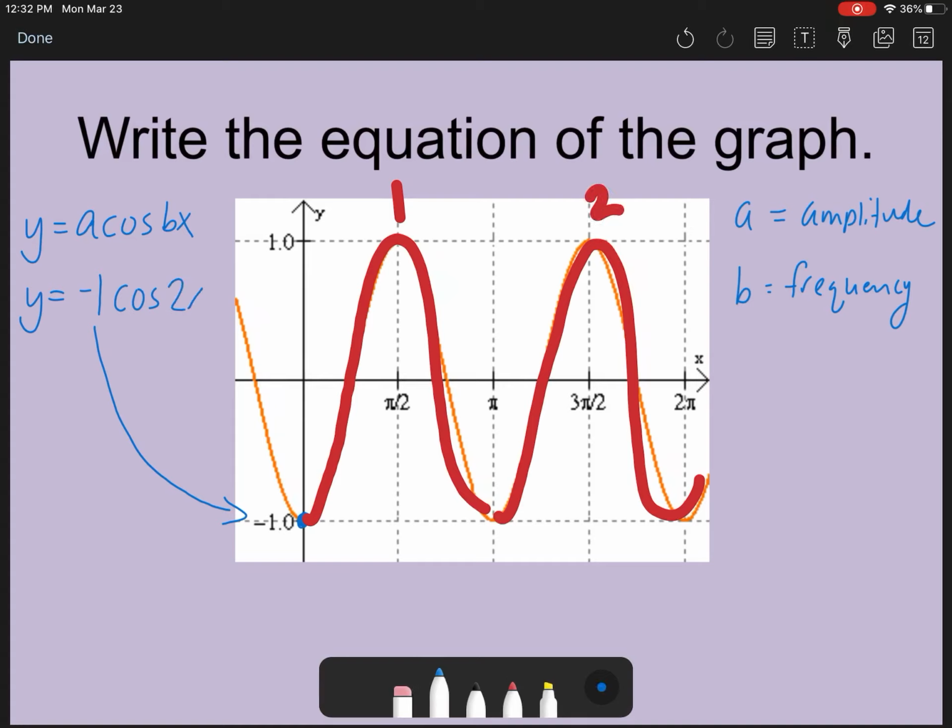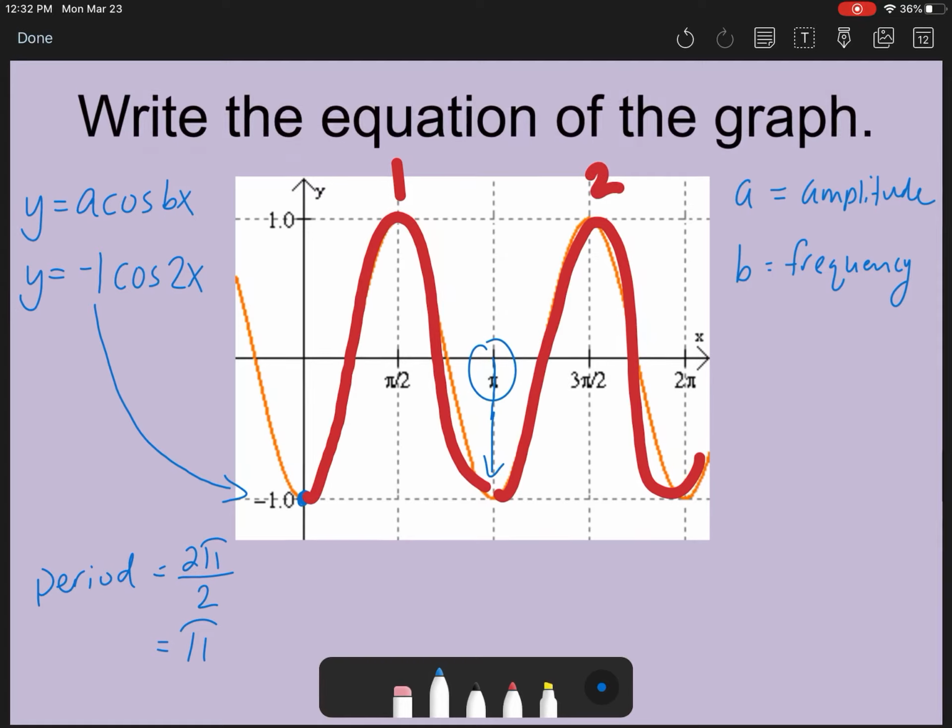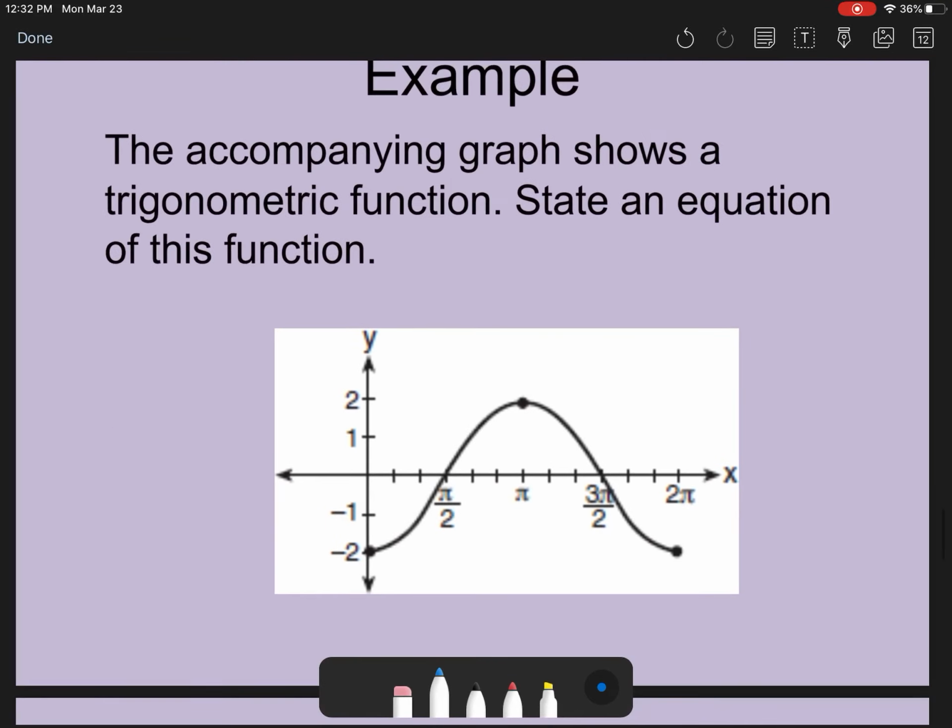So this is 1, this is 2. So therefore B is 2. Okay. In this case, the period would be 2 pi divided by 2, which is simply pi. And notice here, this is where the new cosine curve starts.